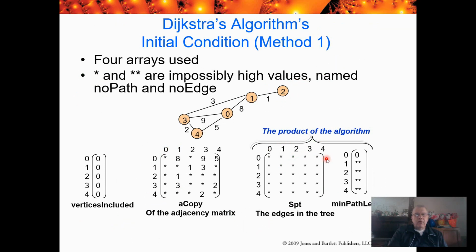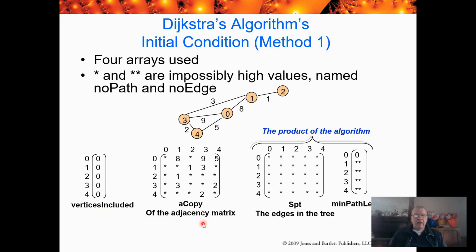So still talking about method 1, we need to use several data structures. And here we initialize the vertices included. Remember, we had the values in there.